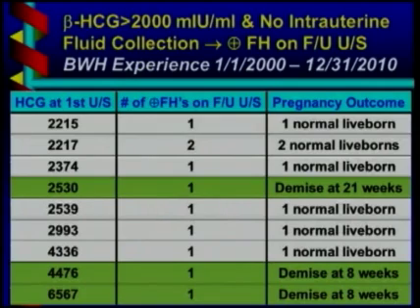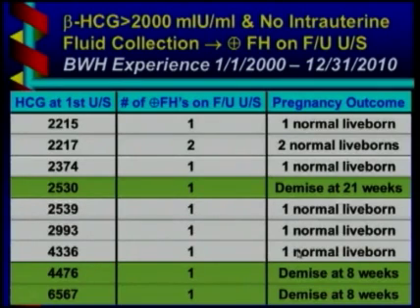We found 9 such cases listed on the right. The ones in white, there are 6 cases where the beta-HCG was above 2000 on initial scan where nothing was seen, and then one or more heartbeats were seen on follow-up. The ones in white were the ones that led to normal live births.